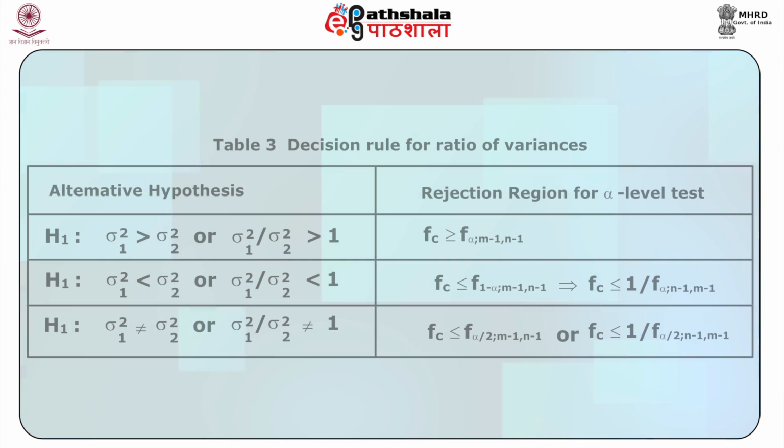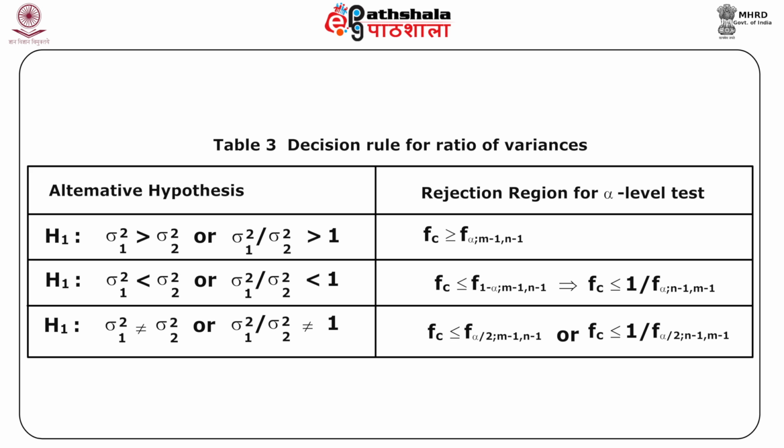The null hypothesis is rejected if the calculated value of the test statistic, that is FC, is significantly different from 1. Table 3 gives the rejection region for different alternative hypotheses, and you can see these decision rules for the ratio of variances in this table. The critical values are tabled for alpha levels which are 0.10 (10%), 0.05 (5%), 0.01 (1%), and 0.001.